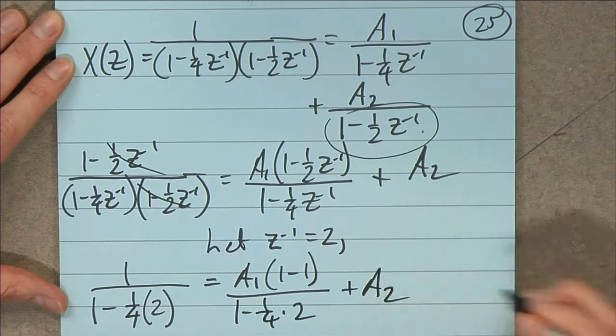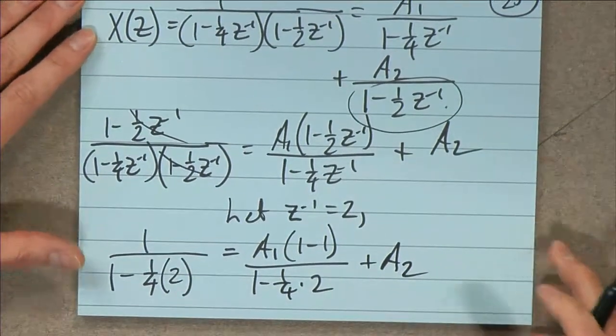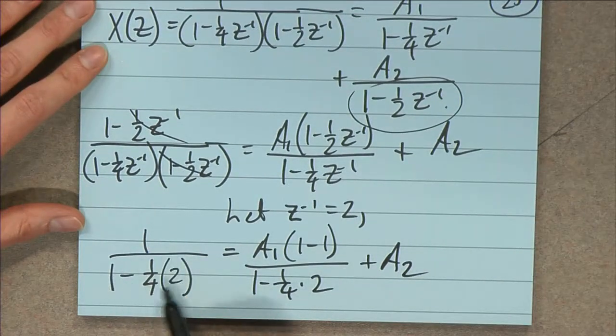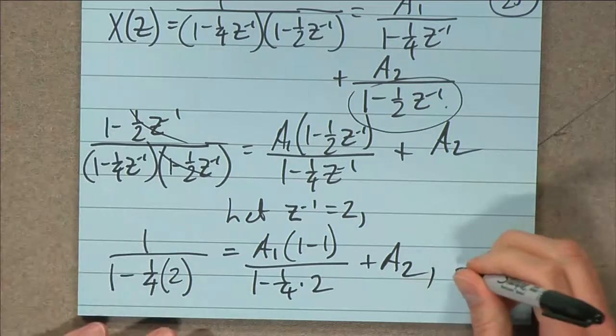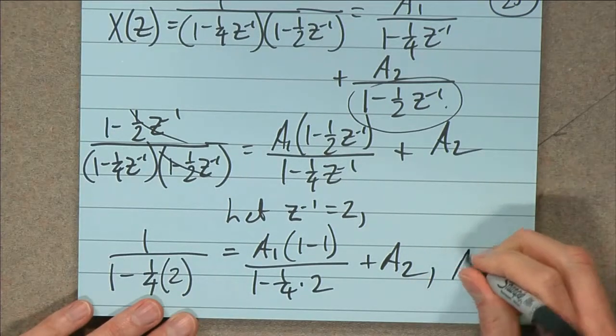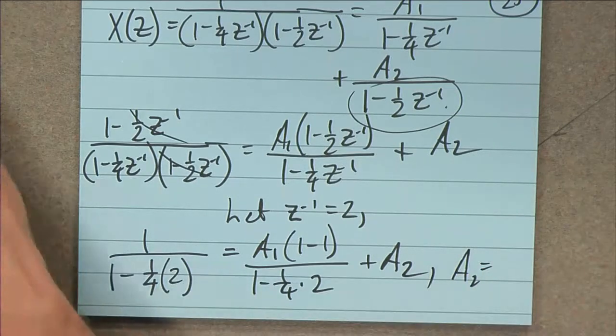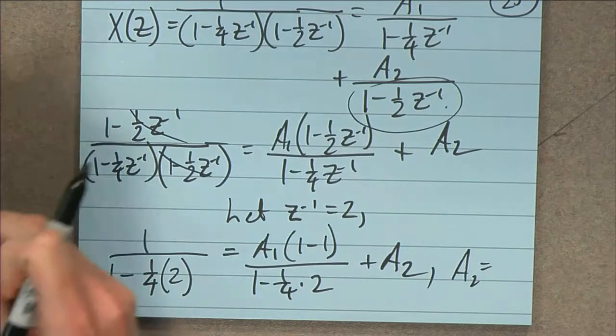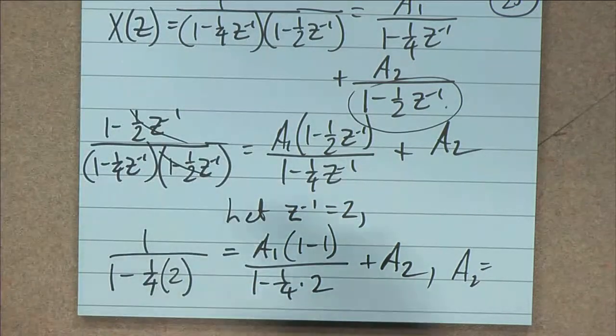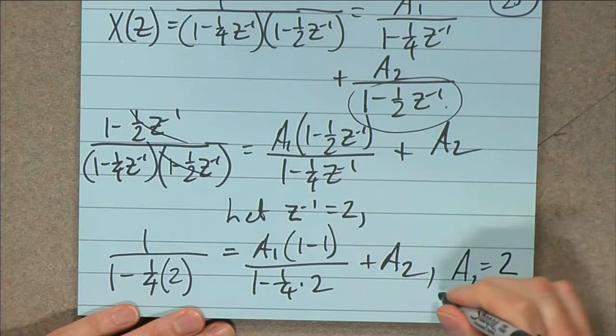Plus a2. So pretty straightforward. 1 over 1 minus a half. That's just 1 minus a half is a half. So a2 is just 2.